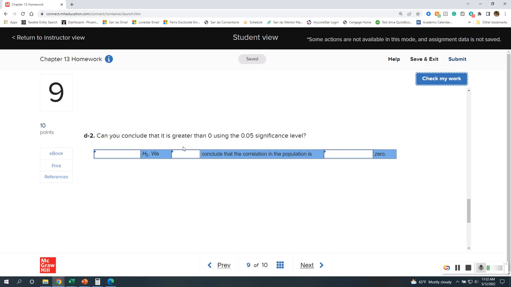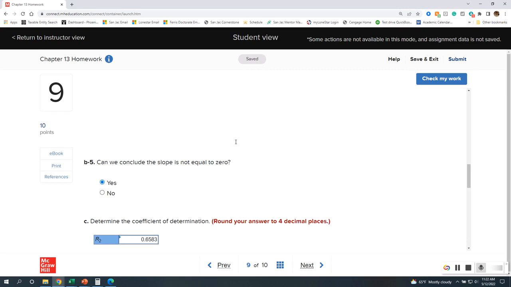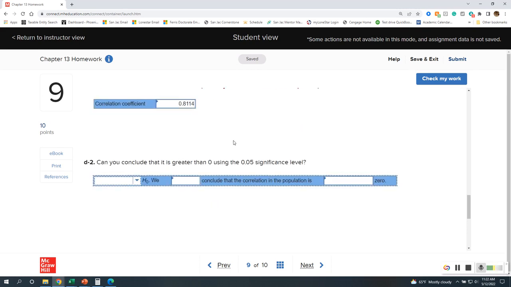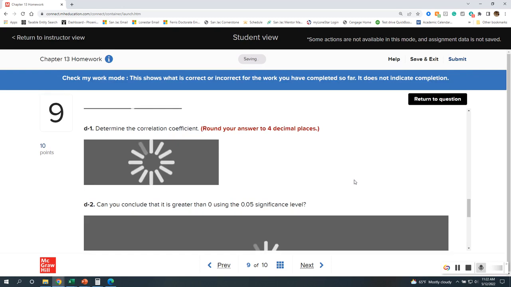Alright, can you conclude that it is greater than 0 using the 0.05 significance level? So they're doing another test on the correlation coefficient, which we are going to reject, because we can conclude the population is greater than 0.